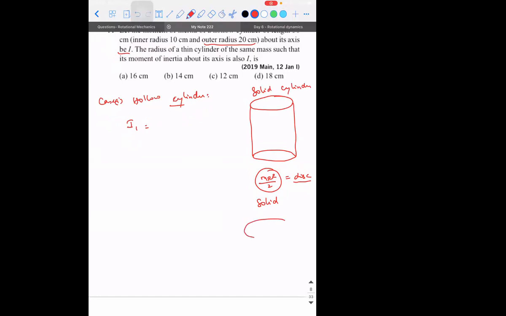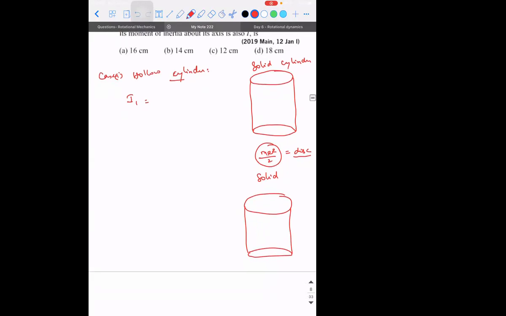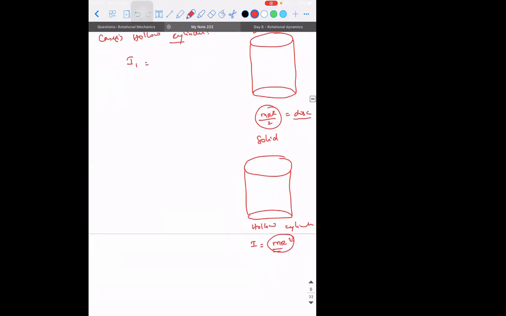Similarly, if I have a completely hollow cylinder, what is the moment of inertia of it? If it is a completely hollow cylinder, its moment of inertia is MR square. Remember this. But MR square is there for something else also. For a ring.